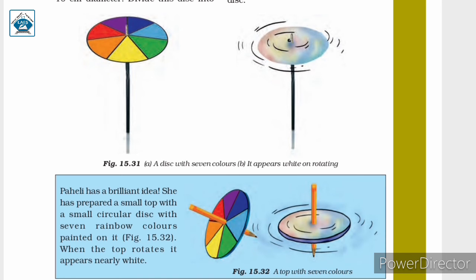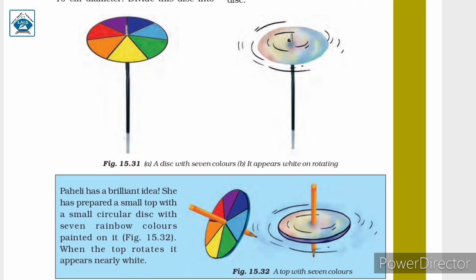For performing this activity, you require a circular disc of cardboard which has a diameter of 10 centimeter, some colors and a refill of a ball pen. You need to take a circular cardboard disc which has a diameter of 10 centimeter and divide this disc into 7 equal segments or 7 equal parts.